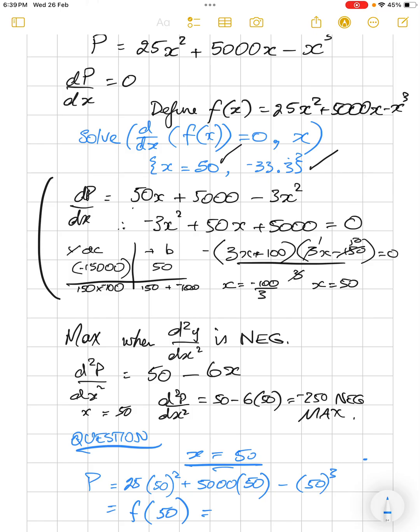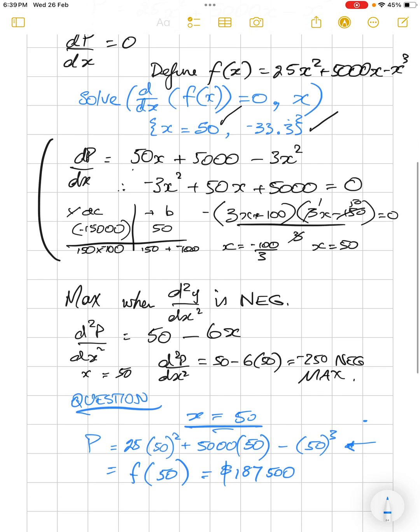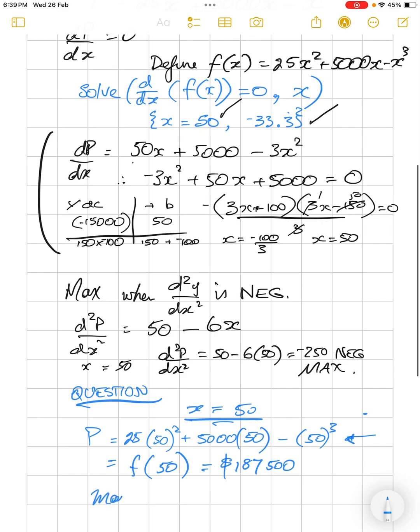That's an alternative strategy. And it's 187,500. Or you could plug that into your standard calculator. That is the maximum profit. We must put a dollar sign, and we should use words: the maximum profit when x equals 50 items is $187,500.